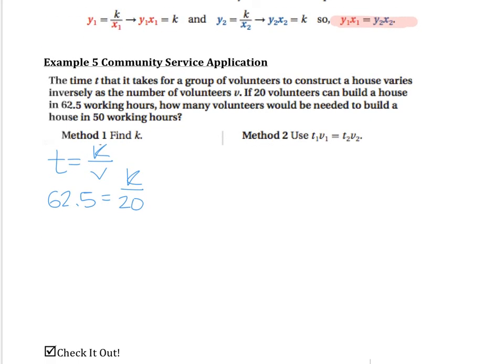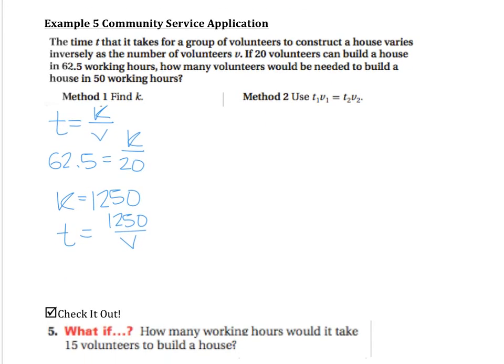We find k by multiplying. Generic form. And then it says how many volunteers if it takes 50 hours.